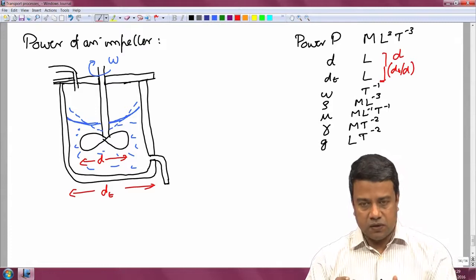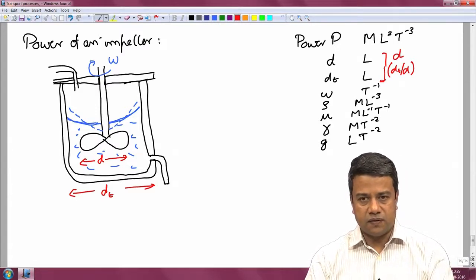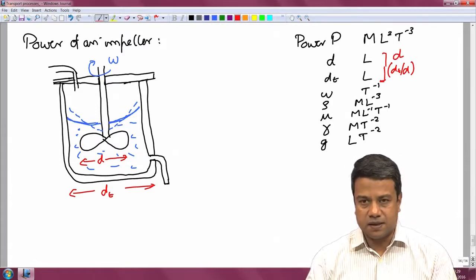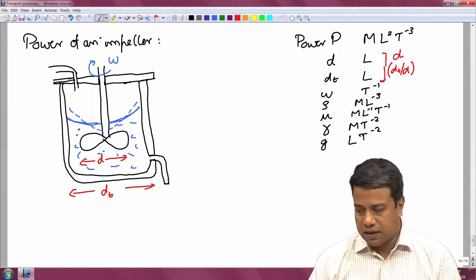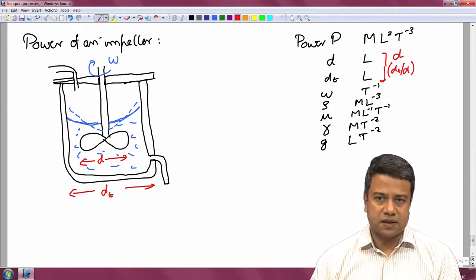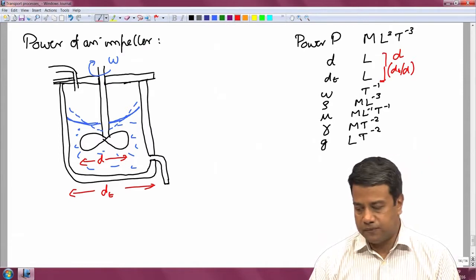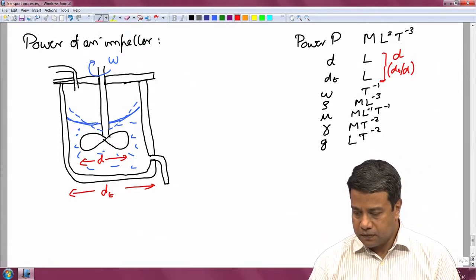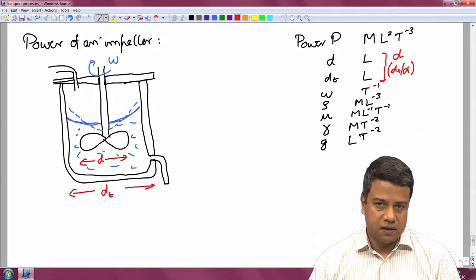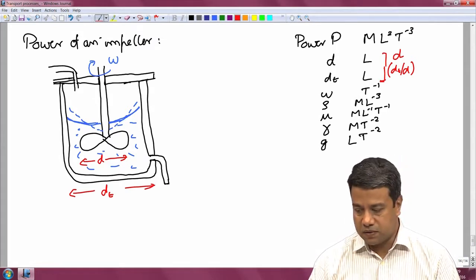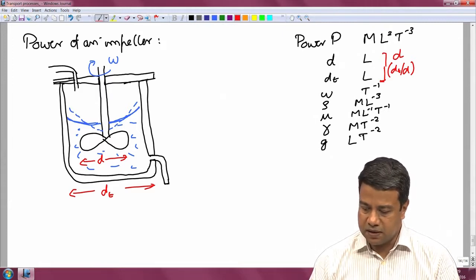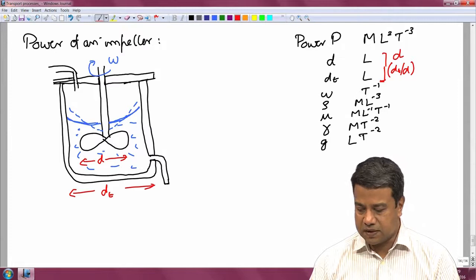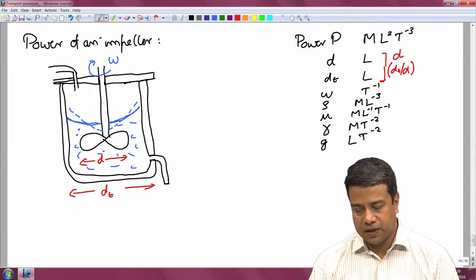So long as I keep the ratio of all of these length scales a constant, this will be a constant. And in that case I have only one relevant length scale, that is the diameter of the impeller. So, I have 1, 2, 3, 4, 5, 6 independent dimensional groups, the diameter, frequency, density, viscosity, the surface tension and acceleration due to gravity, and I have one dependent, that is power number.